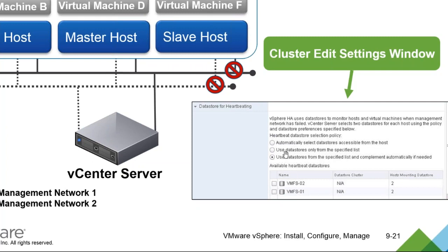So we need to specify the data stores where your vSphere HA database should be created. You have to specify it. Last one is use data stores from the specified list and complement automatically if needed. You can use this option if you specifically want to specify a data store from your storage DRS or whatever shared data stores are in your HA environment.